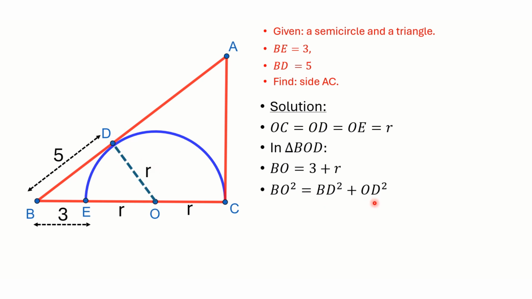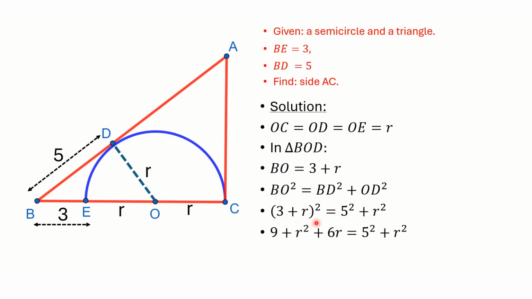Now let us plug in the values. BO is 3 plus R, that is BO square is 3 plus R whole square. What is BD? BD is 5 unit, so this is 5 square. And OD is the radius, that is R, so this is R square.